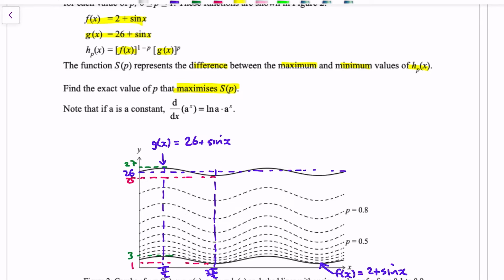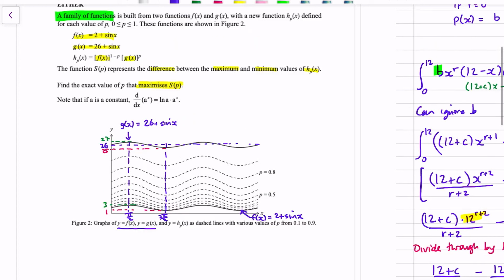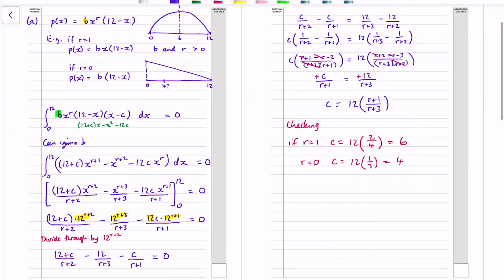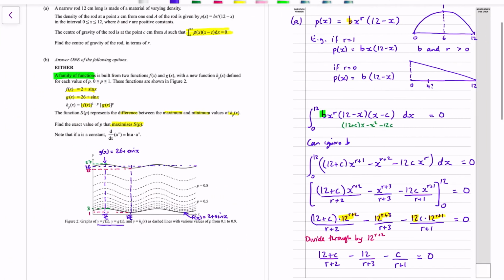So let's find out what this s of p function is. It's the difference between the max and min values of h. So we've got s of p is h max minus h min. What are those values?